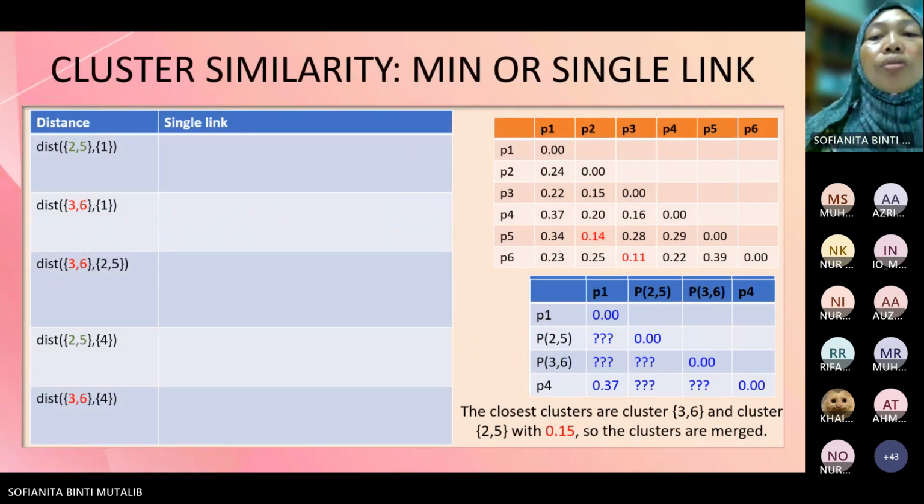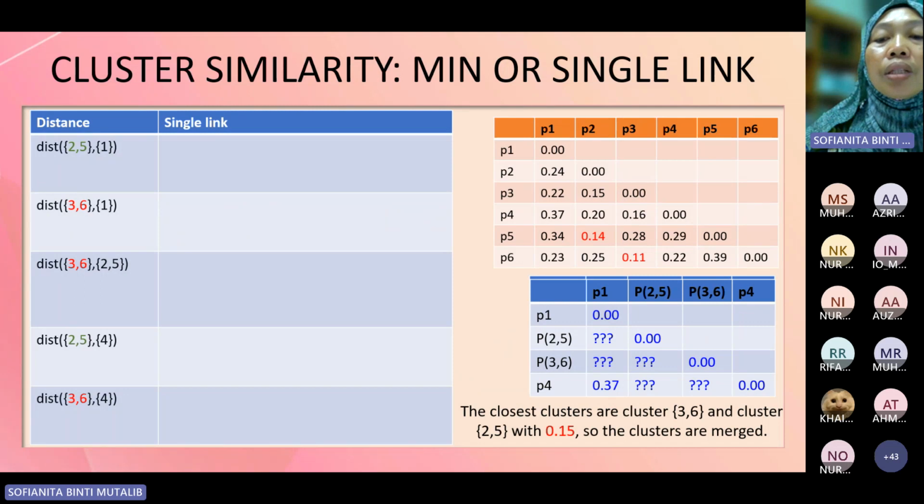From the original, this one will be updated. So have a look at this process; you have to follow. We have several values unsure, so we need to calculate. It means the distance of cluster 2, 5 and 1.